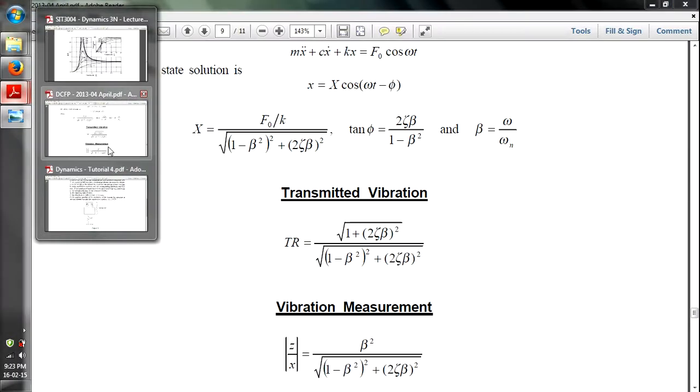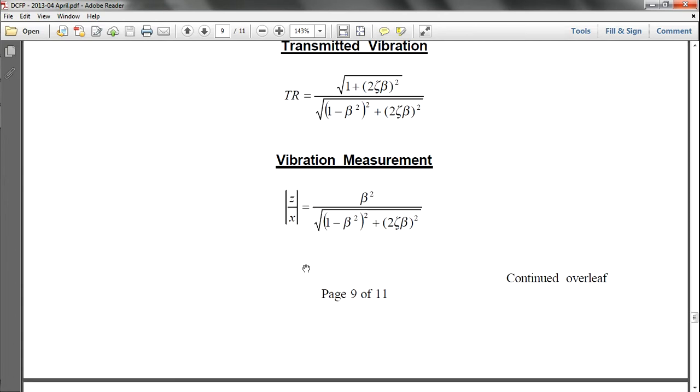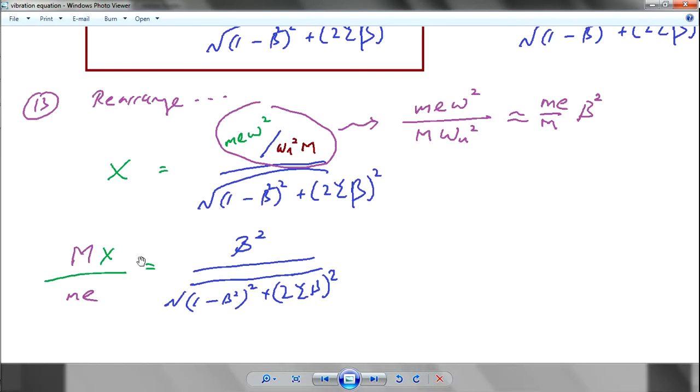Just take note that in your datasheet they're talking about Z over X. Z over X is actually M X over M E, which is the mass of the whole system, including the shaft, and then the amplitude divided by the mass of the shaft itself, multiplied by eccentric distance.